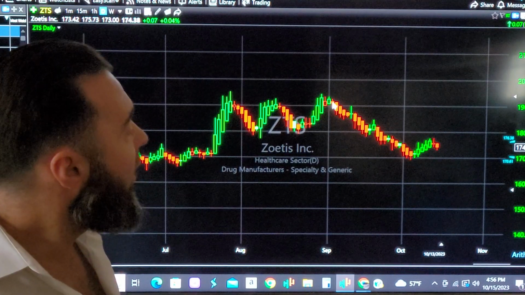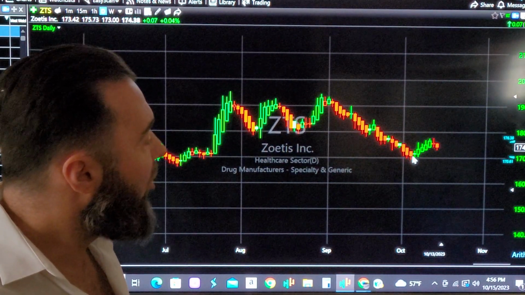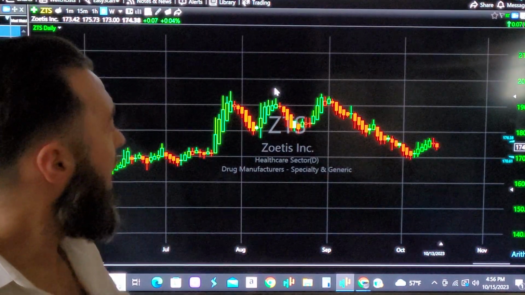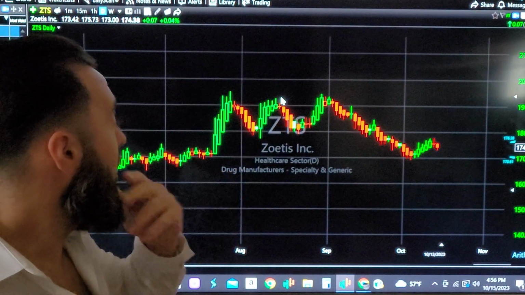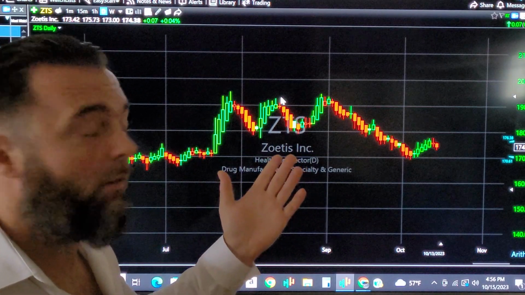So it's definitely interesting. I don't prefer it. Don't really like it. It's not as accurate as it could be. And honestly, if you put the 3 and the 5 day moving average on here, it would probably tell you more than this would.